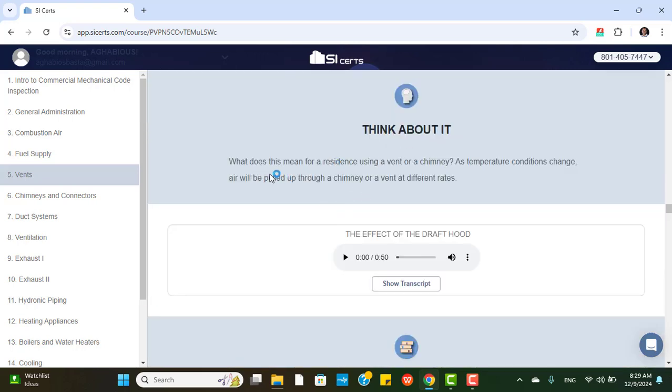Think about it. What does this mean for residents using a chimney? As the temperature conditions change, air will be pulled up through a chimney and a vent at different rates.